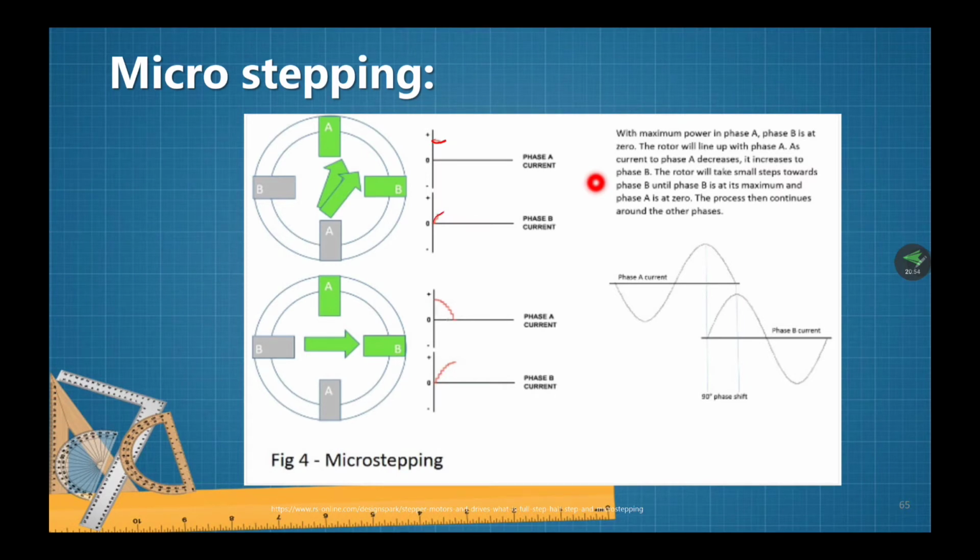For the phase A current, we can get the sinusoidal form, and this is for the phase B current, and this is the 90-degree phase shift.